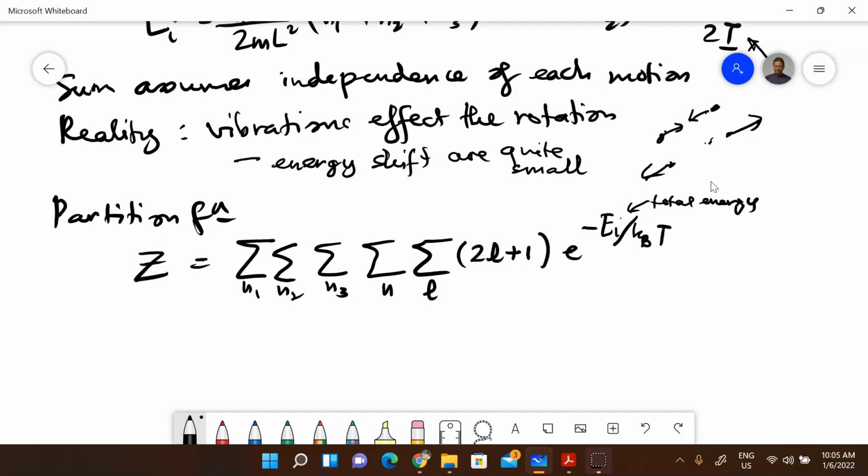But remember that E_i will have the three sums. Let's label this: E_i is E translational plus E vibrational plus E rotational.